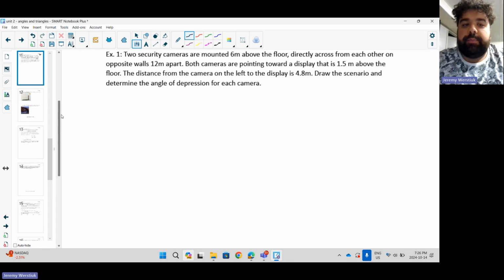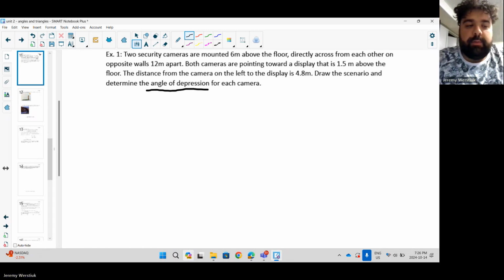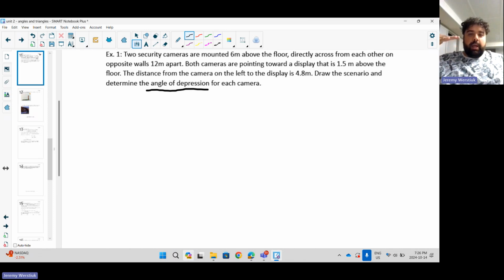Draw the scenario and determine, oh, this is a word that we dealt with last year, the angle of depression for each camera. So remember, the angle of depression goes from the horizontal and measures downward, right? So from the horizontal downward is our angle of depression.